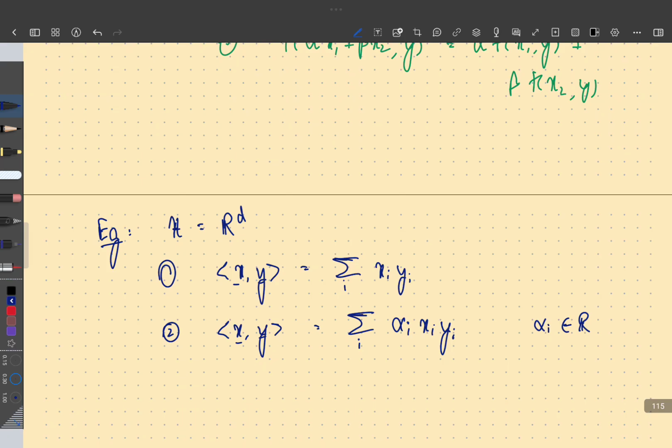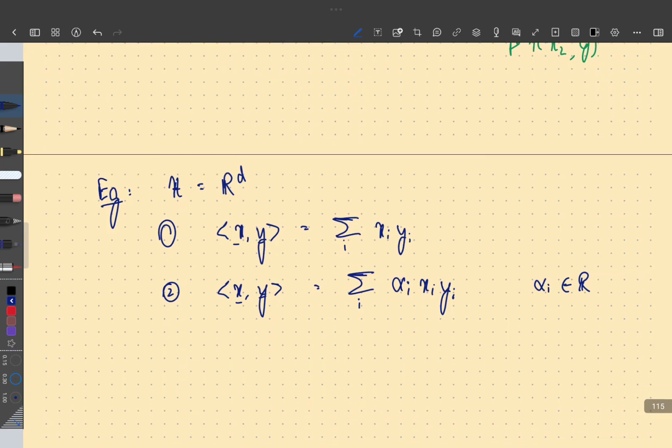Correct. So basically, if any of the alpha_i's is negative, and you choose the vector x to be all zeros except you take it to be the ith standard basis vector, then the inner product between x and itself is going to be negative, right? Should the alpha_i's be strictly positive, or is it enough for them to be non-negative?